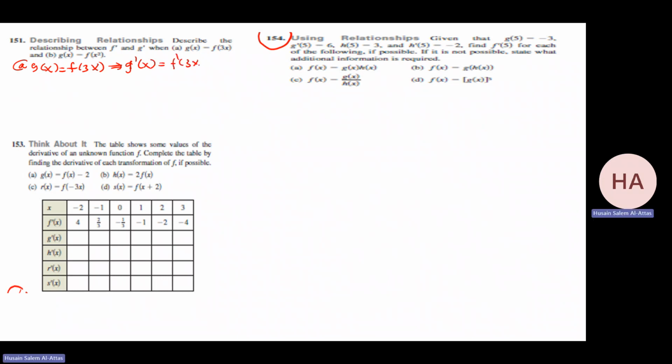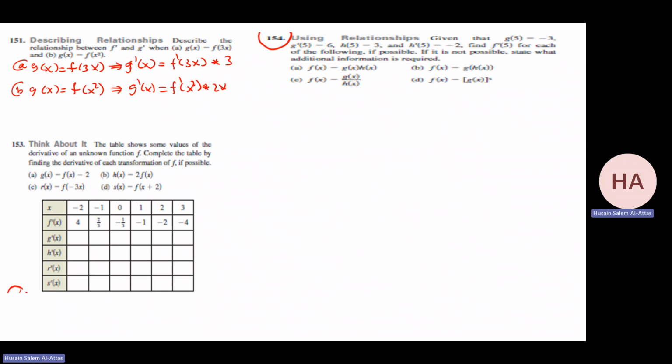F prime of 3x times 3. That will be the relation. B, g of x equals f of x square, what will be g prime? It will be f prime of x square times 2x.